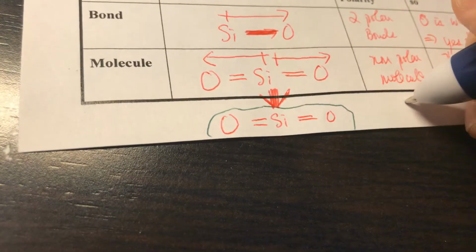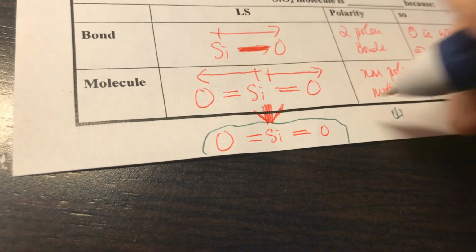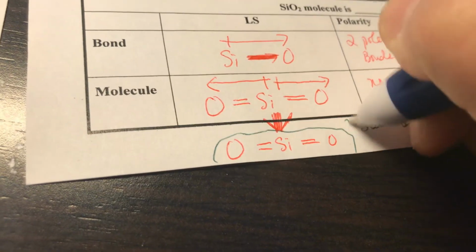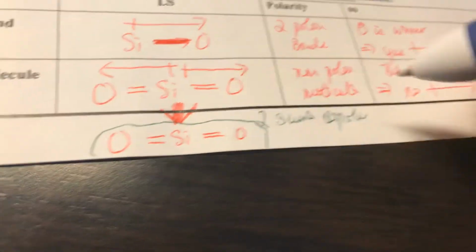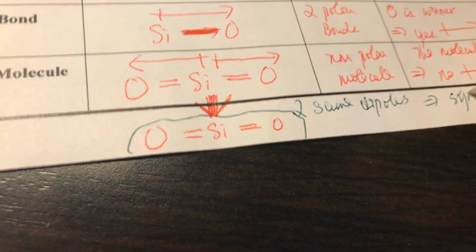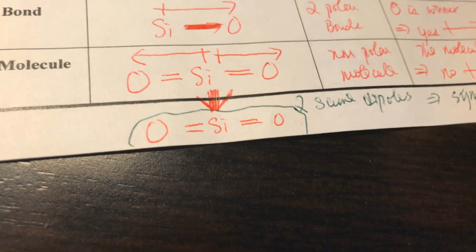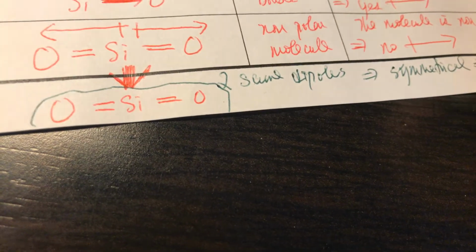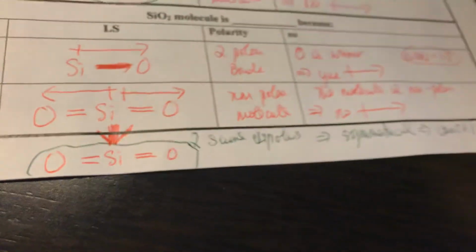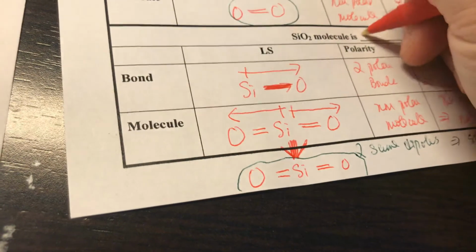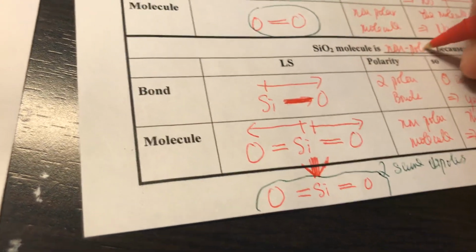The notes: two same dipoles, but they're symmetrical. Okay, they're symmetrical, so they cancel. So at the end they cancel, then no winner. So that's why we write non-polar molecule. So the result will be a non-polar molecule for SiO2.